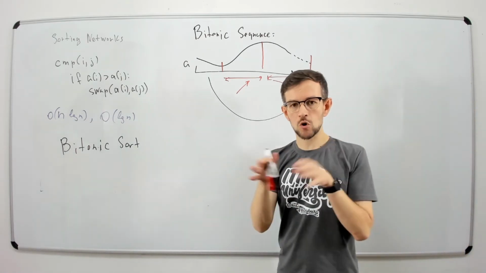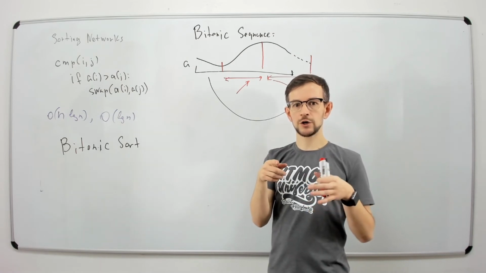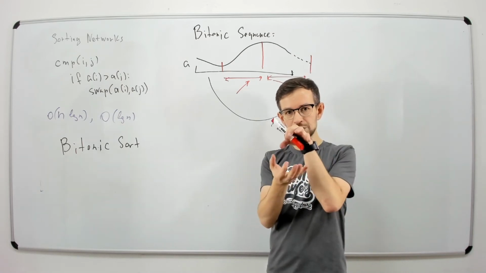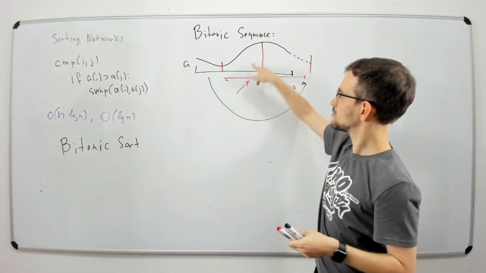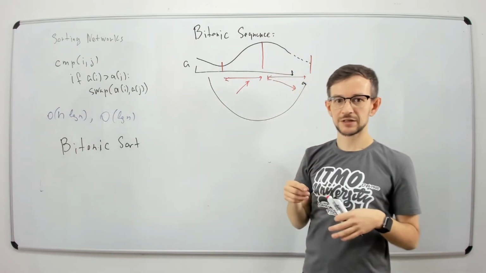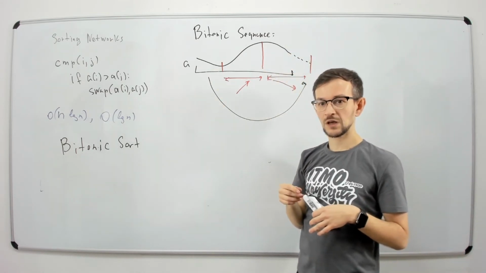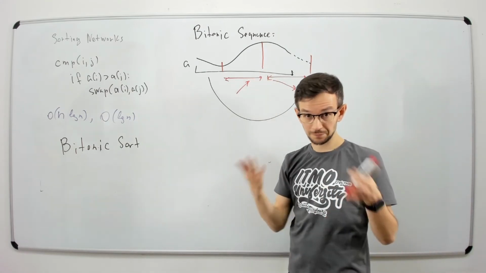So if we look at the array like a cyclic sequence, it should be split into two parts. One part is increasing, another part is decreasing. If you have an array like this, it is the Bitonic array. That's all.